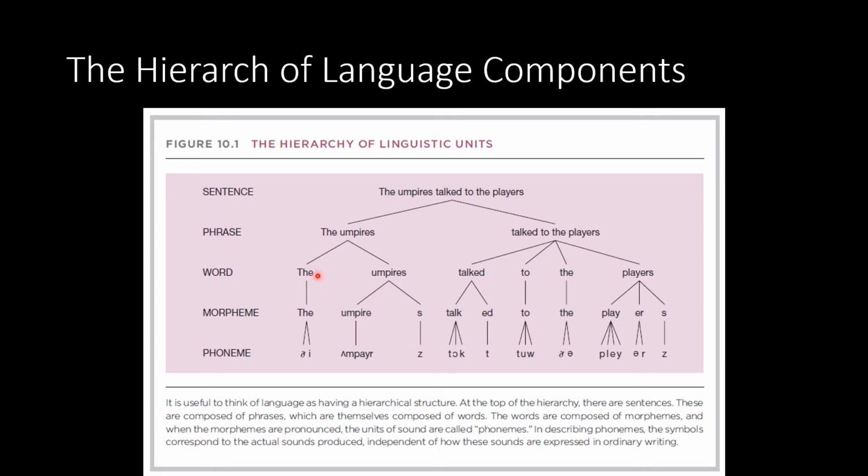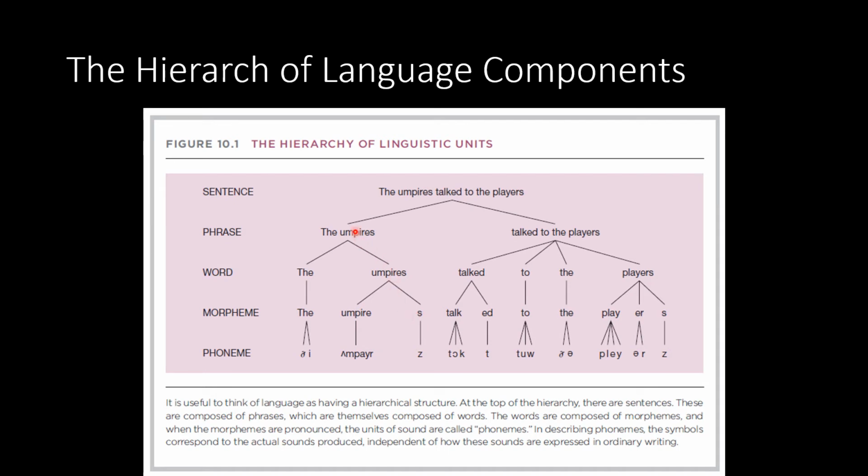And here you're talking about the umpires, which are like referees. And here umpire is a morpheme. It cannot be further subdivided into smaller pieces of meaning, along with the S or Z sound as far as umpires go. And S again is carrying the meaning of plurality. And so combining these two morphemes together makes the word umpires.